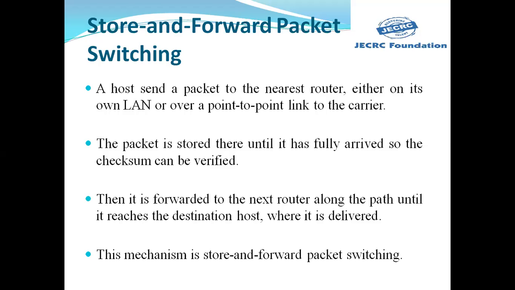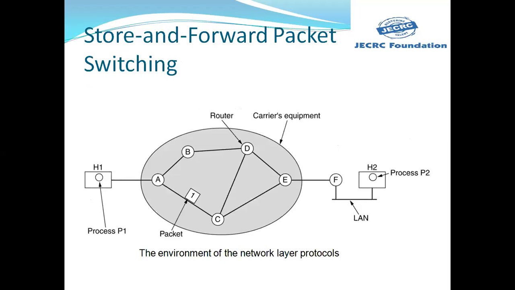So it's known as store and forward packet switching. In this scenario, H1 is the source host and S2 is the destination host. When the packet is transmitted through all the routers, all routers save the packet until it is transmitted to the destination. So that's store and forward packet switching.